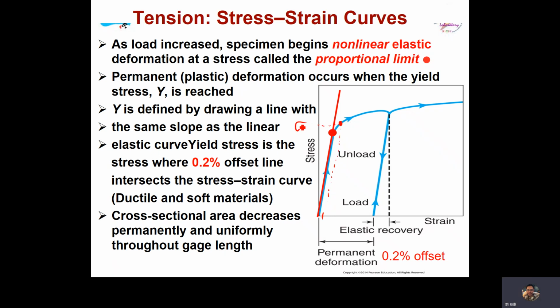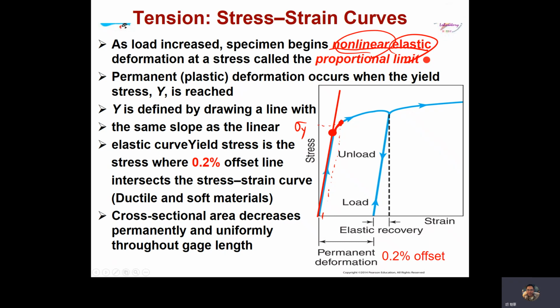So this point is the yielding stress, right? And within this range, we call it nonlinear elastic, right? This is nonlinear and elastic. That means its elongation will return to its original dimension.